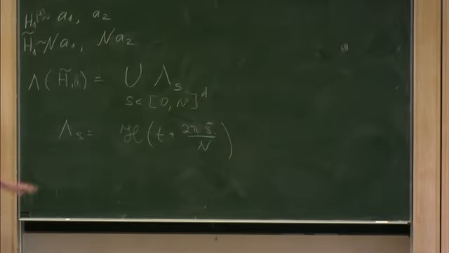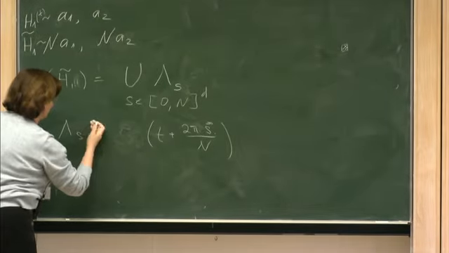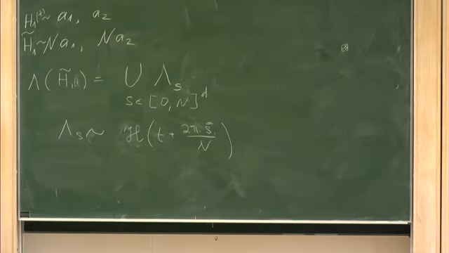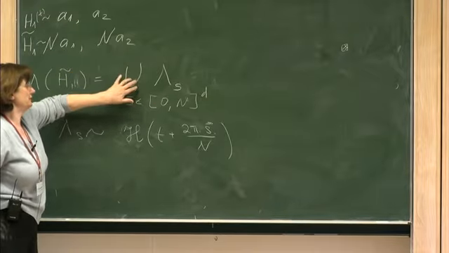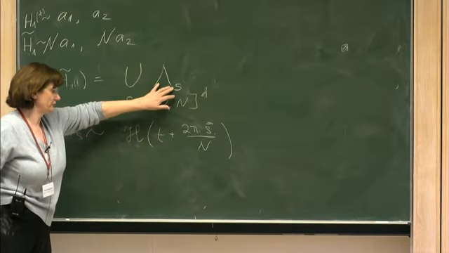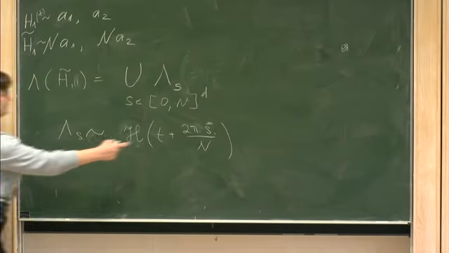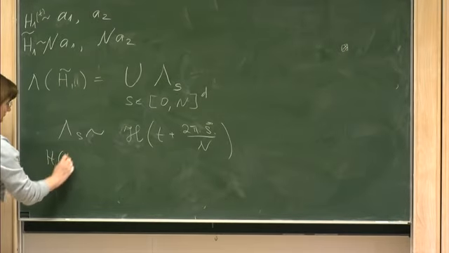So this is the spectrum of this operator. What does it mean? It means that the spectrum of an operator with a bigger period will be the union of the spectra of the operator with the smaller period, but we have to take different quasi-momenta. Let us fix S and think about this operator.